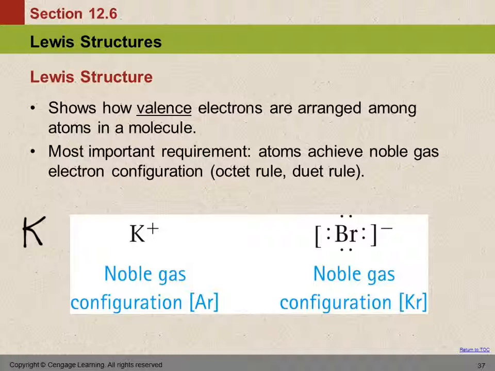It has 1. And so if we draw a Lewis structure for potassium, we use a dot to represent the valence electrons. It's the electrons that are on the outermost of the atom. The valence electrons are the ones that come and go. So here is potassium. It's got 1 valence electron.